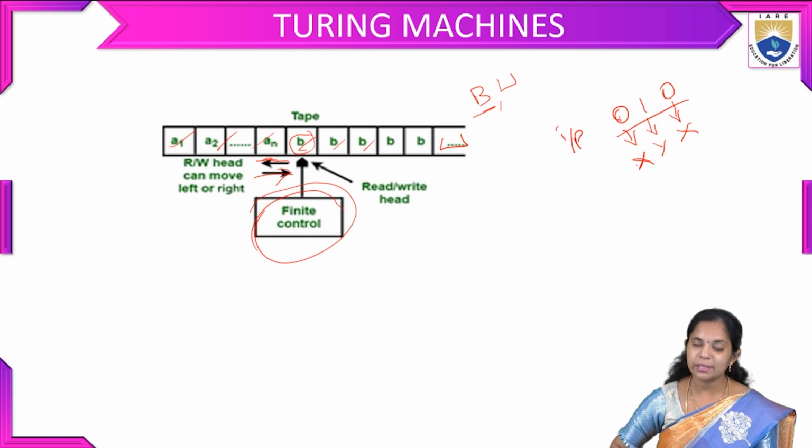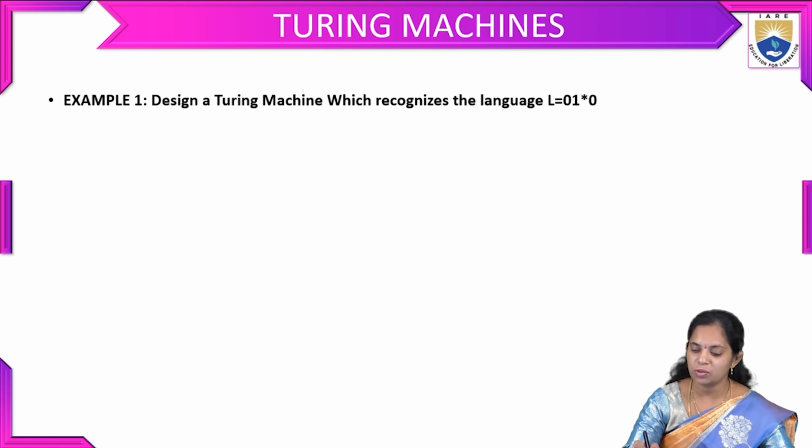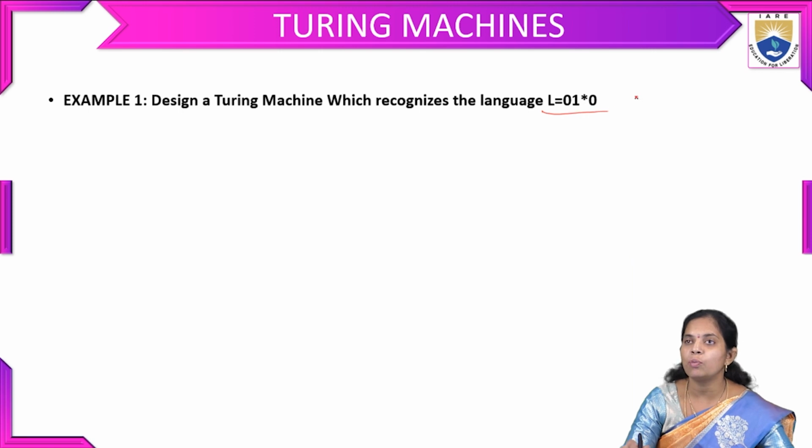Now we will design the Turing machine with an example. Here is an example of a language, 0 1 star 0, that is, starting 0 and ending 0.